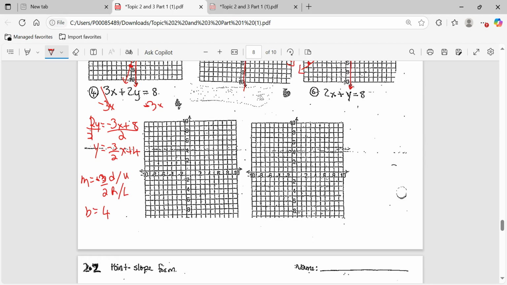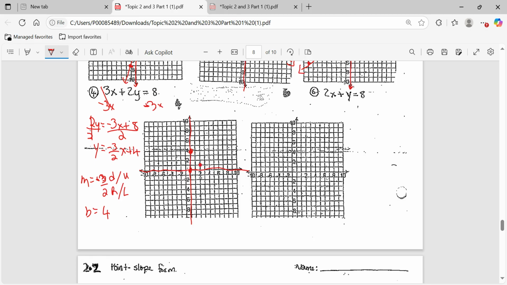So you would start off at the 4. Where's 0, 0? So my 4 is 1, 2, 3, 4. Then I will go down 3, 1, 2, 3, right 2.